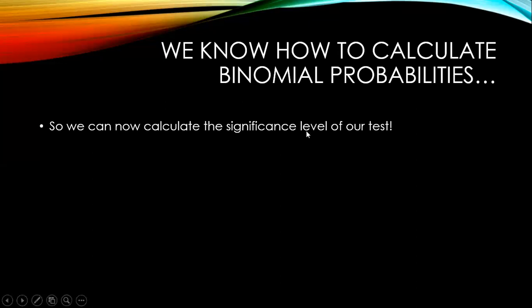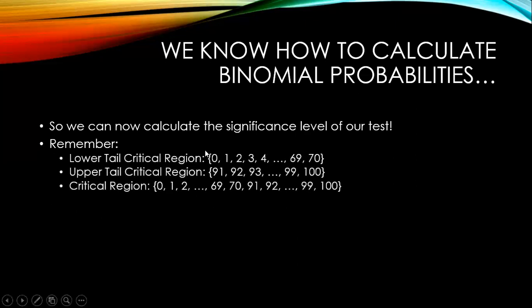Remember, the significance level is the probability that we reject H0, assuming that H0 is true. So assuming that the probability of brown-eyed people in our town is 80%, what is the chance that we would reject H0? What is the chance that we pick a number of people in our sample with brown eyes between 0 and 70, or 91 and 100?